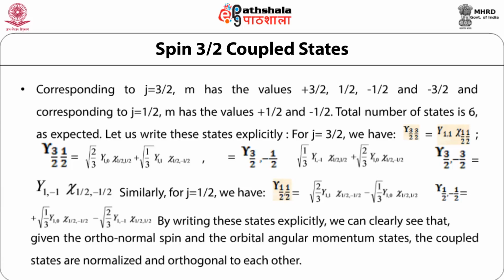And similarly, for the spin term xi, the first term in the subscript represents S and the second term in the subscript represents m_s. So this was the first term for the coupled state.